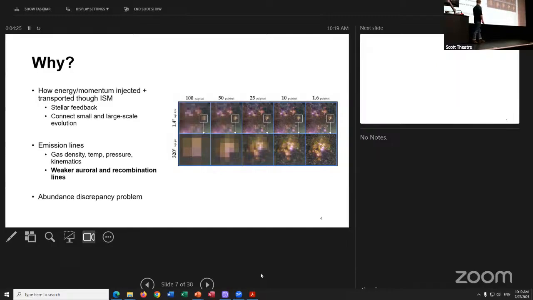So I'm going to zoom in on one of them, which is the abundance discrepancy problem, which is basically this long-standing disagreement between methods trying to determine ionic abundances in H II regions. When you do it with methods that use strong lines and methods that use really weak lines, you come up with this systematic disagreement. And so LVM is hoping to answer, why does that happen?